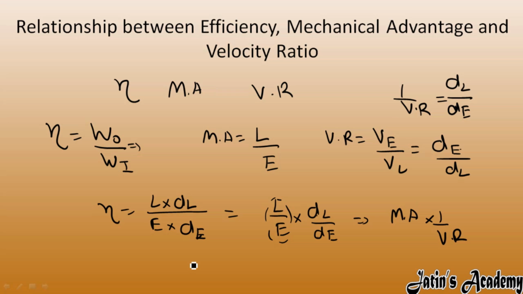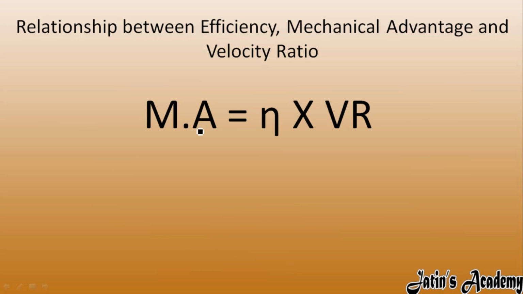So efficiency is mechanical advantage over velocity ratio. Basically this is the formula of efficiency in terms of mechanical advantage and velocity ratio. So multiplying, mechanical advantage equals efficiency into velocity ratio.